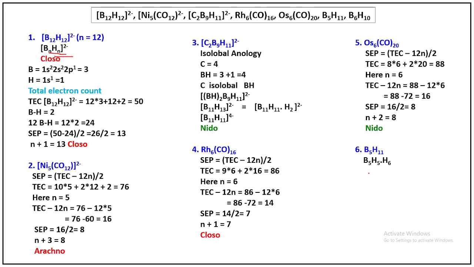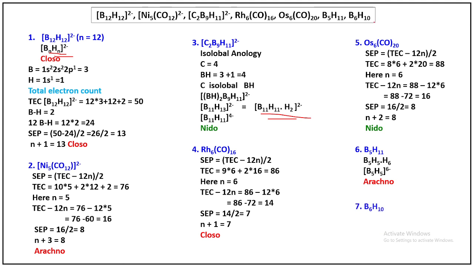So how can we write it? B5H5 dot H6, similar to what we have written here. Now assume that we are removing 6H plus, and it will give an overall 6 minus charge on this complex, and this will fall under the arachno category. This can be easily interpreted if you know the first table. You are able to follow it, no? Yes, ma'am. Okay, fine.